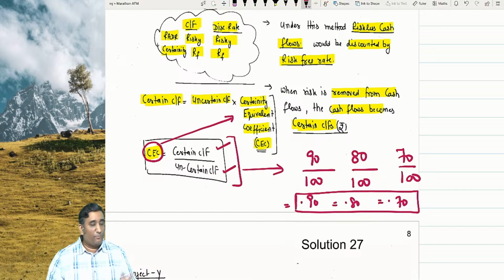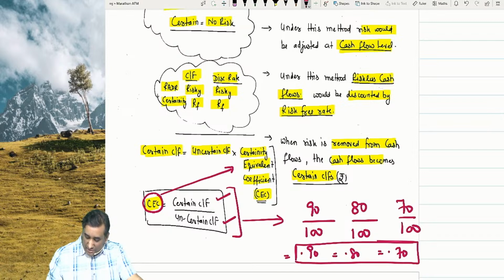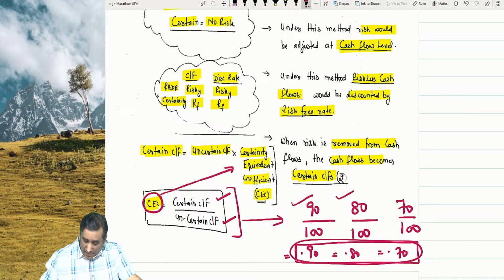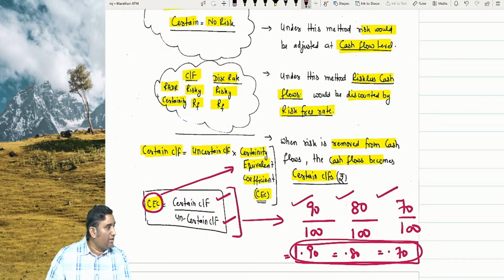I hope you are able to get 0.9. Why? Higher certainty, lower risk. Is that fine? So be on this only. When I go to the question, I'll show you. You will have a problem, I'm 99% sure. Actually, they give these factors and then they want to attach them with RADR. We'll attach that. Remember that a higher certainty automatically means a lower risk.